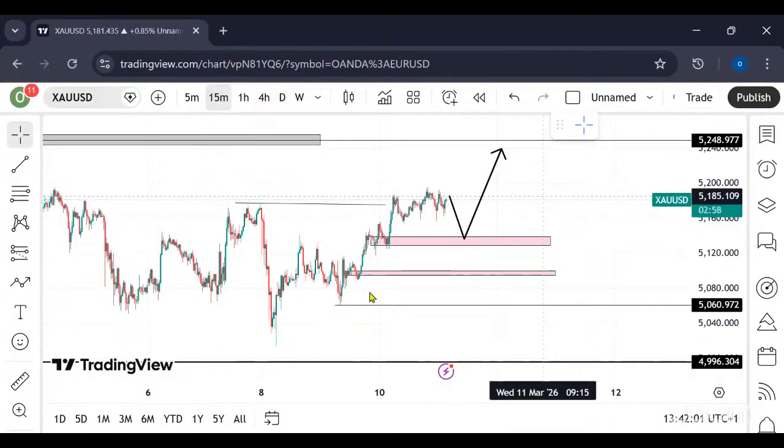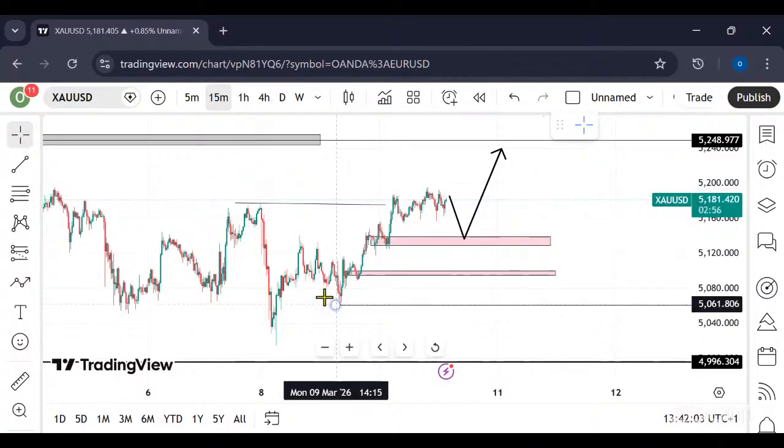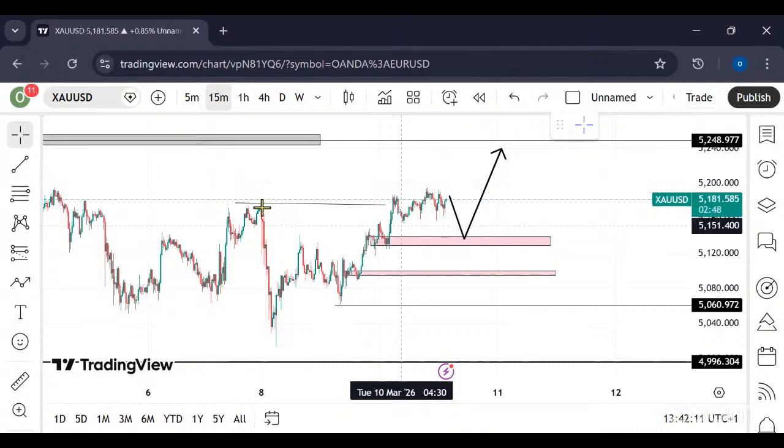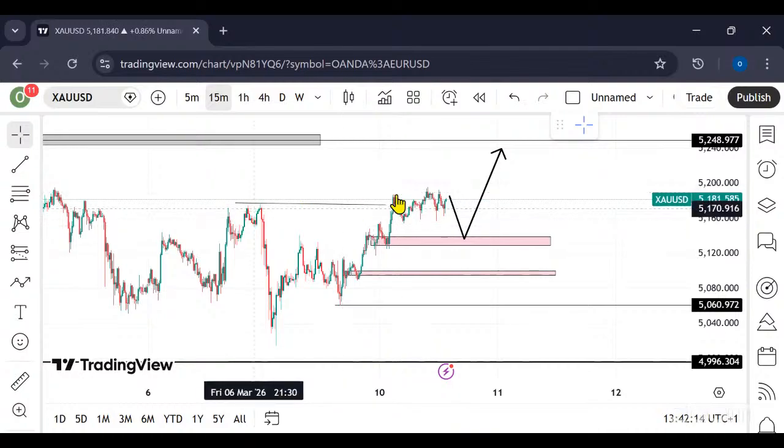Now, if you pay attention here, you see that the market has been making higher high, higher low, higher high, higher low. And if you pay attention to this particular high here, you notice that it has already taken out this particular high.